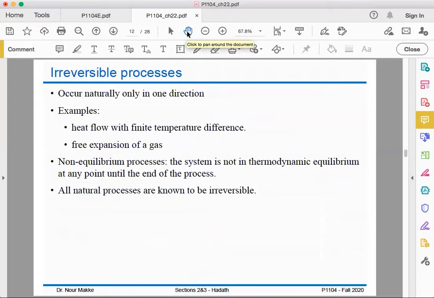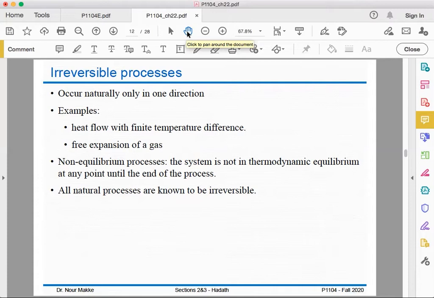But once more, these processes occur naturally only in one direction. You don't see them in the other direction. And as we have seen in the very first slide, we gave many examples, like heat flowing always from the warmer body to a cooler body. All of these in life we see in only one direction.